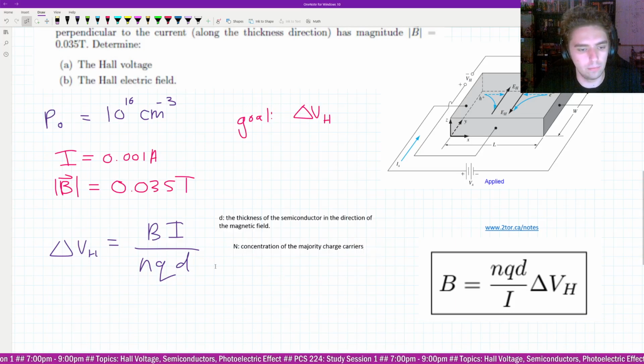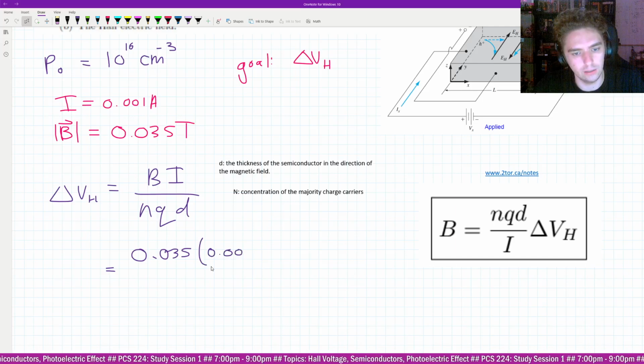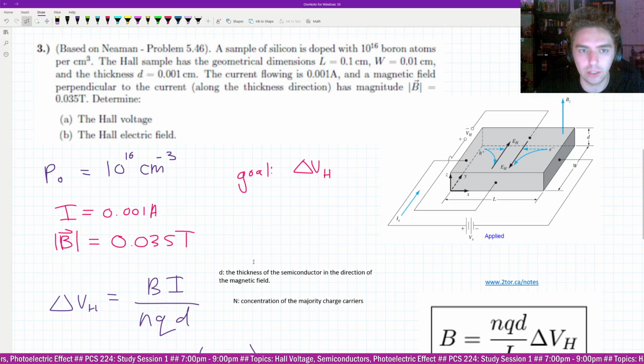Okay, so we know all this information, so I can just plug this in. 0.035 Tesla, current in amps, I think is fine. This is our P naught, so it's going to be 10 to the 16. Q is the charge of our hole, so that's just going to be E. And D is the thickness of the semiconductor in the direction of the magnetic field.